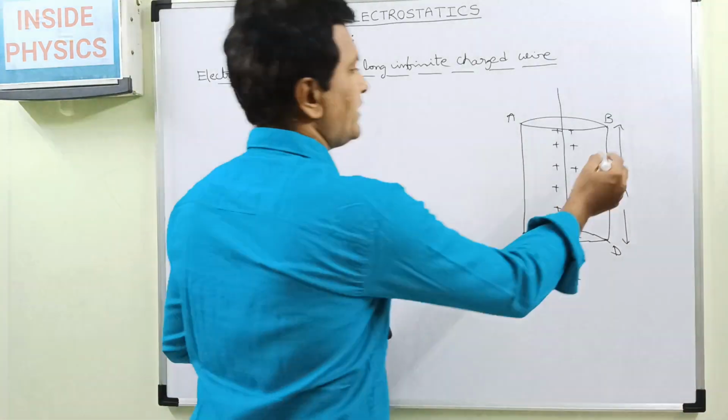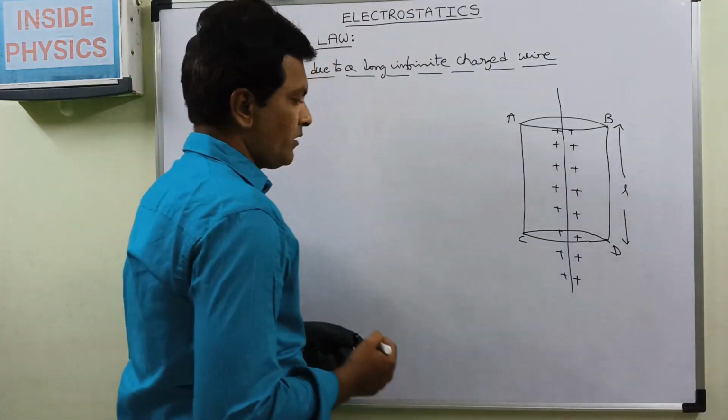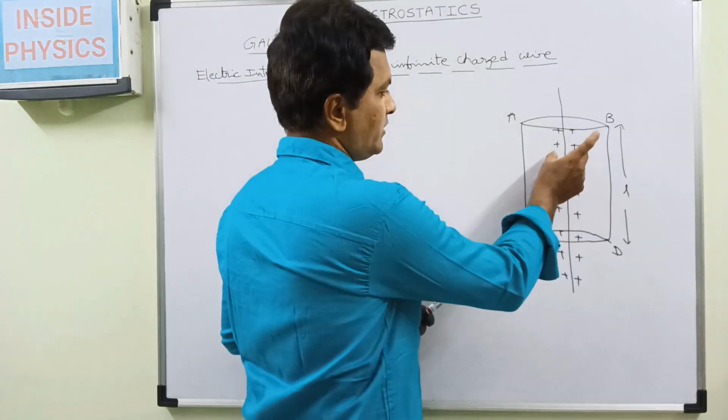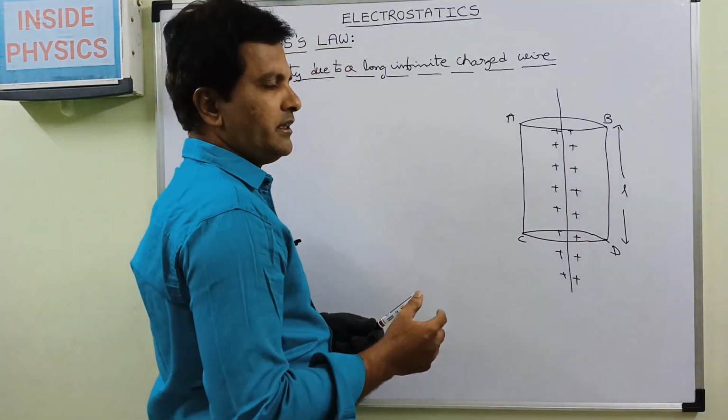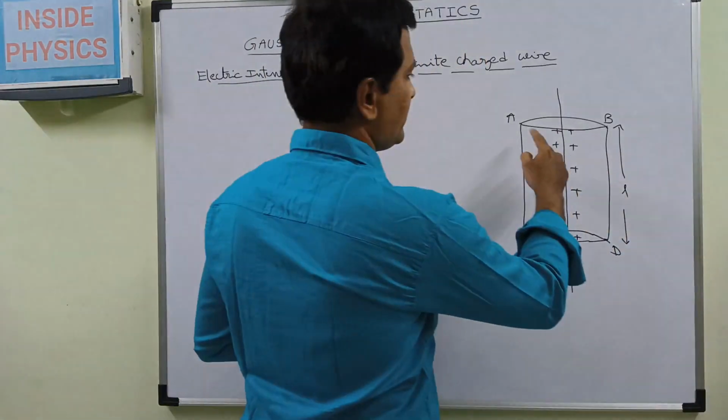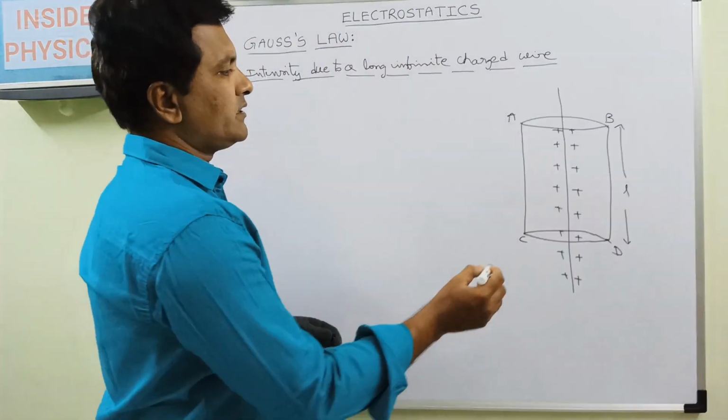The length of the cylinder will be L, and the flux coming out of the charge enclosed by this cylinder will be radially outward from this surface, in this direction.